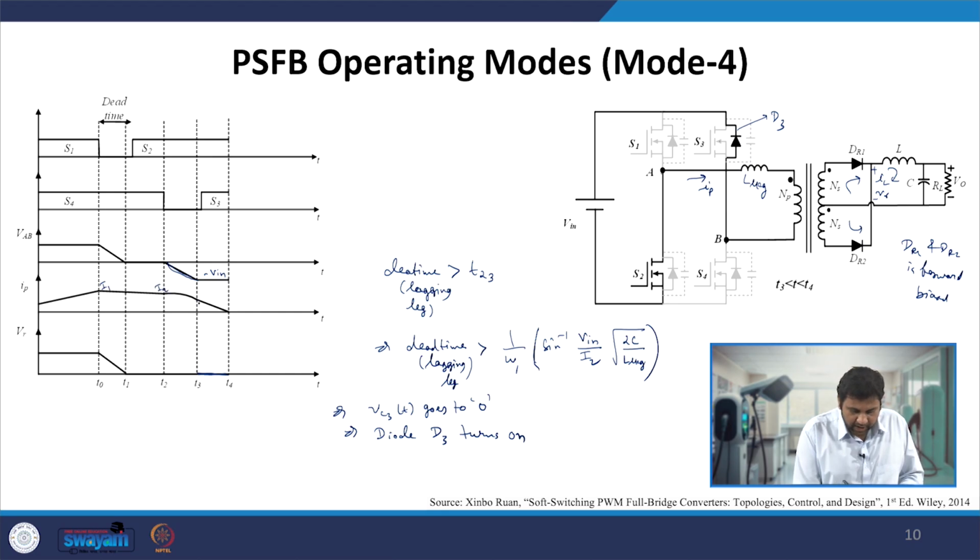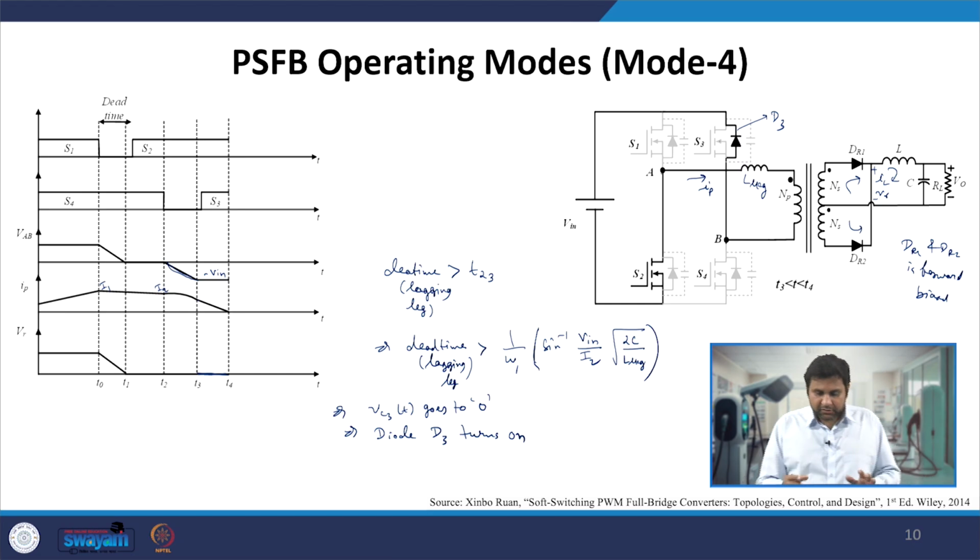From I2, at this point it is falling linearly, because you are applying minus Vin voltage across VAB. And since my IP is very much smaller than this IL, DR1 and DR2 are forward biased in order to ensure the inductor current has continuity.